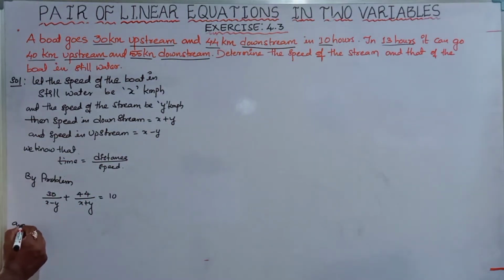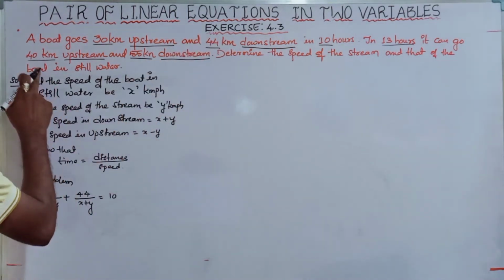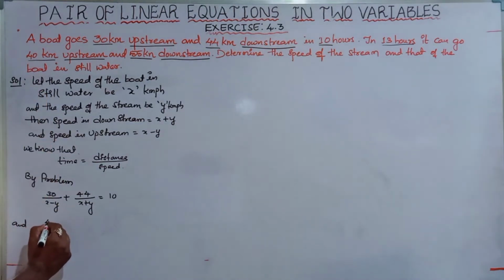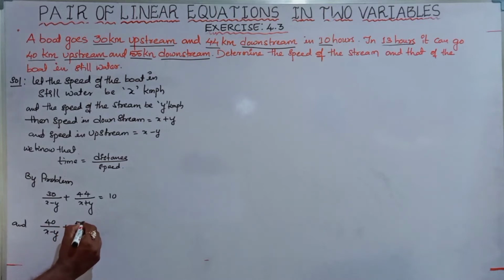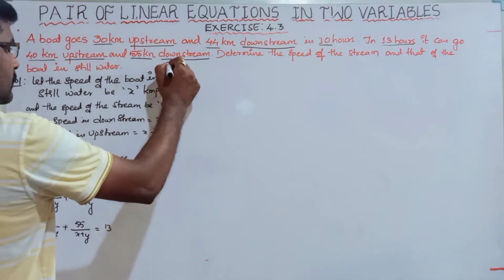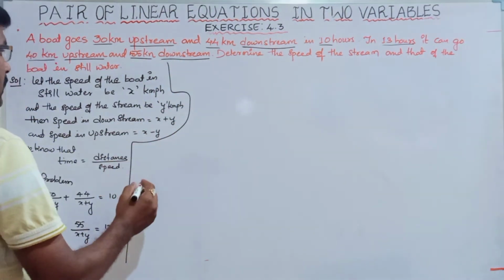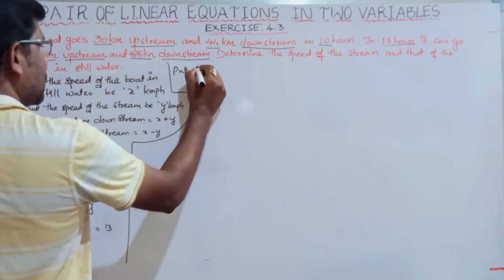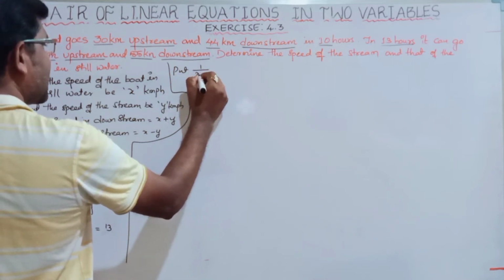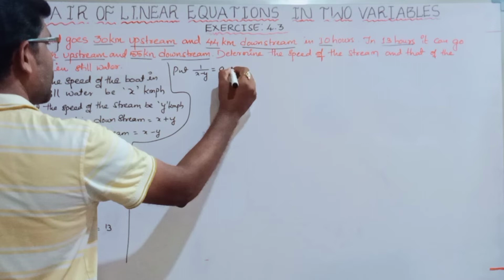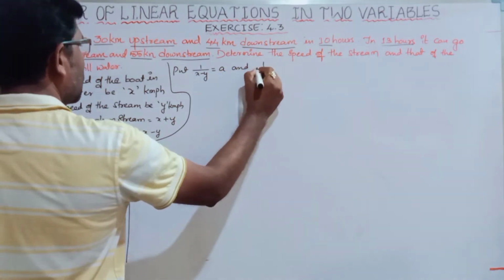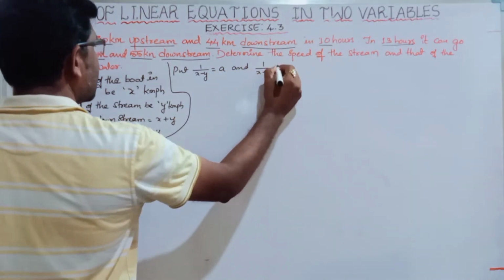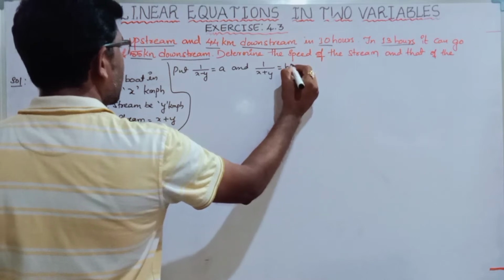Similarly, in 13 hours, 40 kilometers upstream and 55 kilometers downstream is equal to 13 hours. Put 1 by x minus y is equal to a and 1 by x plus y is equal to b.